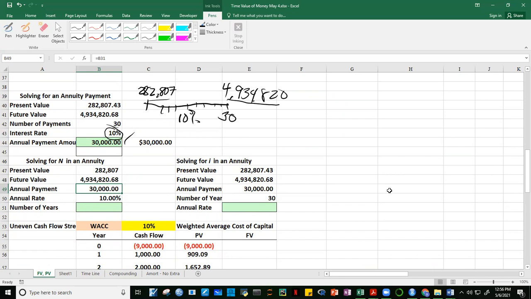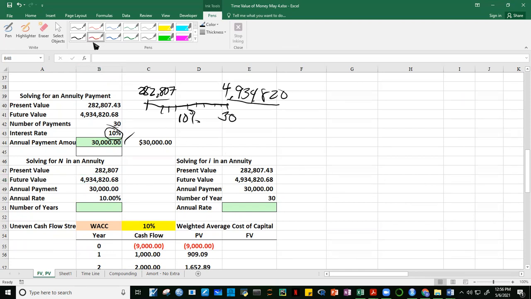Okay, how many number of years do you have to do this to annually deposit or annually invest? If the rate of return is 10% and the future value is 4,934. Okay, so take note again of the equivalences, no?